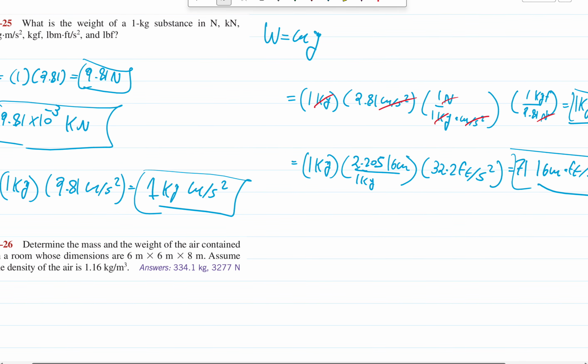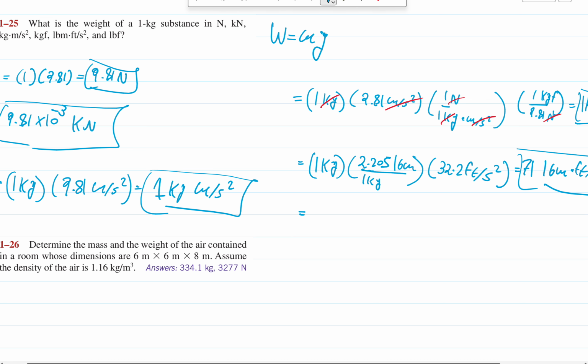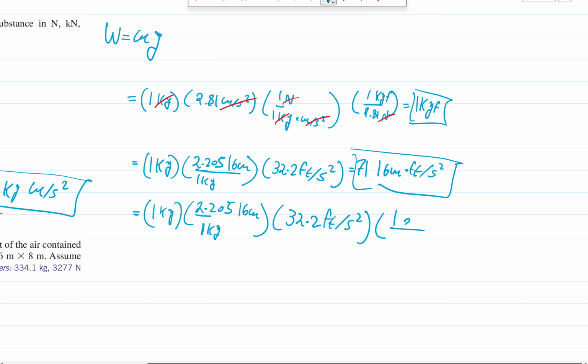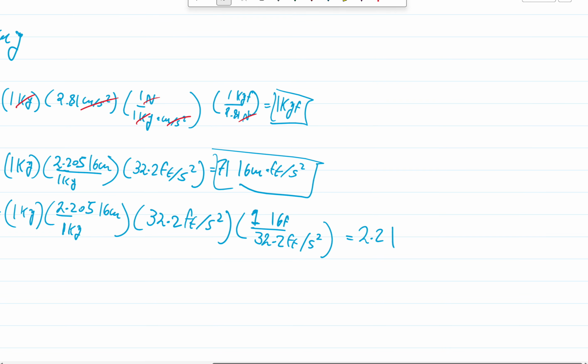For the final one in pound force, to prove that, we'll do 1 kilogram, 2.205 pound mass, 1 kilogram, 32.2 feet per second square, 1 pound force, 32.2 feet per second square, which is going to give us a value of 2.21 lbf, pound force.